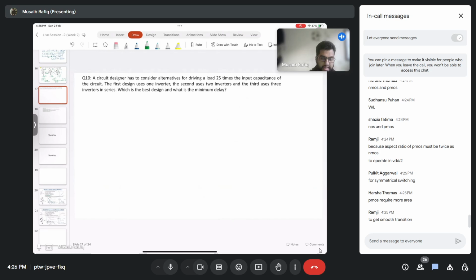Now, a circuit designer has to consider alternatives for driving a load 25 times the input capacitance of a circuit. The first design uses one inverter, the second design uses two, and the third design uses three inverters in series. Which design is best and what is the minimum delay? So basically, it wants to drive an output load 25 times the input capacitance. So CL by Cin is equal to 25.